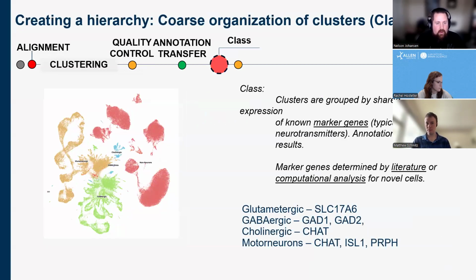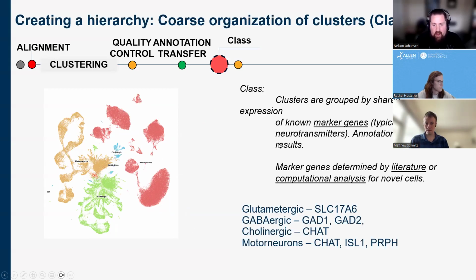Okay, so you get some labels through annotation transfer. And now you want to start organizing your clusters into higher level types. From knowing the literature around spinal cord, it's apparent that there are multiple high level classes of neurons: glutamatergic, GABAergic, cholinergic, and motor neurons that are a subtype of cholinergics to some extent, and of course the non-neuronal cells.